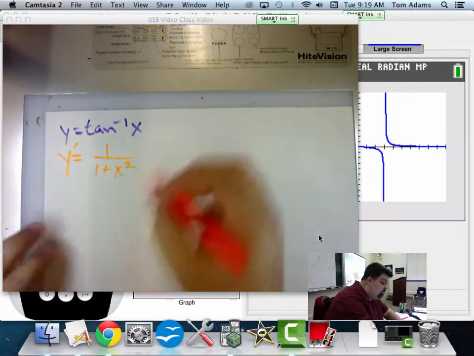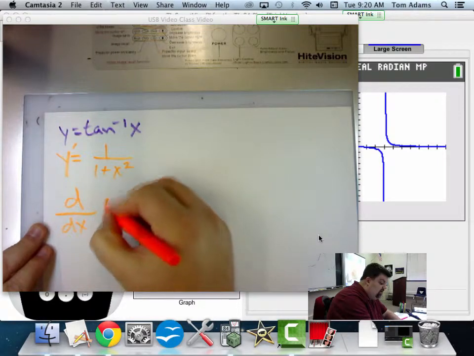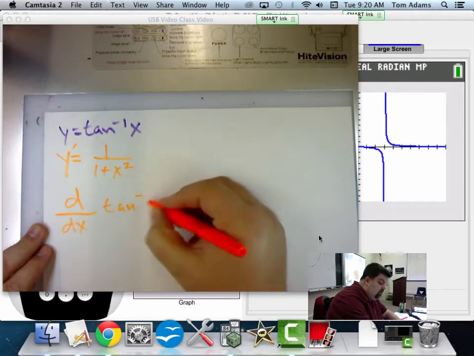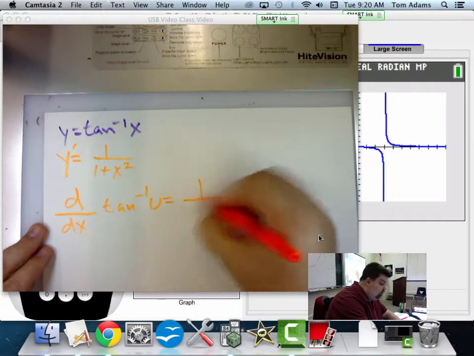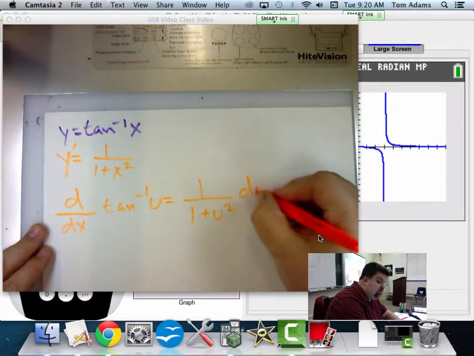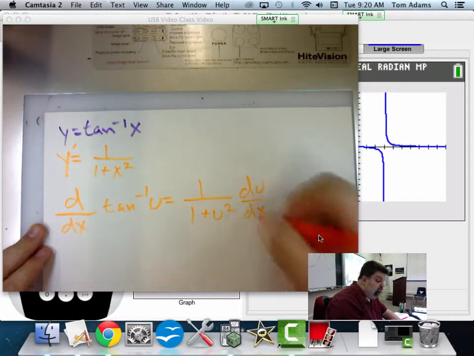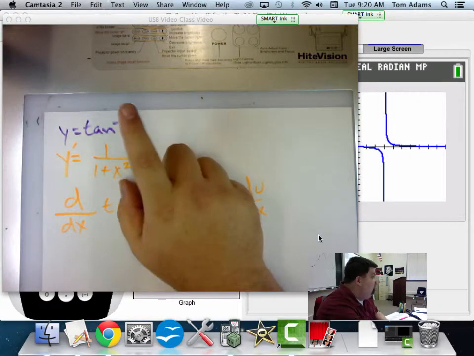But some formal notation might look like this: d dx of arctangent of u is equal to 1 over 1 plus u squared times du dx. And that's important because at some point in time, we're going to plug something in other than x.